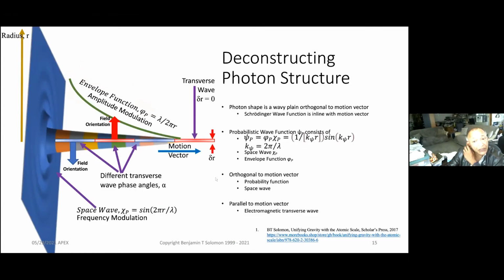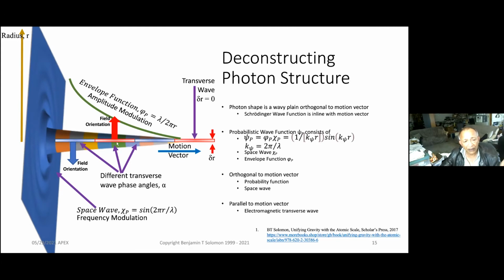Okay, so if you deconstruct it, photon structure consists of four parts. The space wave, which is this piece here, on the side panel, and you see frequency modulation, high frequency here, and the wavelength decreases as you go out.